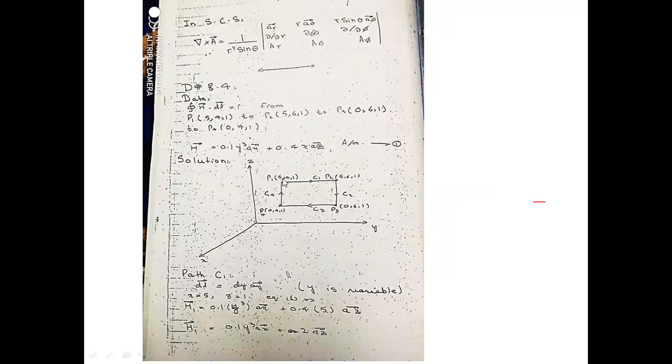No need to replace the value of y, because y is variable. So we have to apply the integration for the y values ranging from 4 to 6, meaning the minimum value is 4 and the maximum value is 6, final minus initial. The final value is 6 and the initial value is 4.